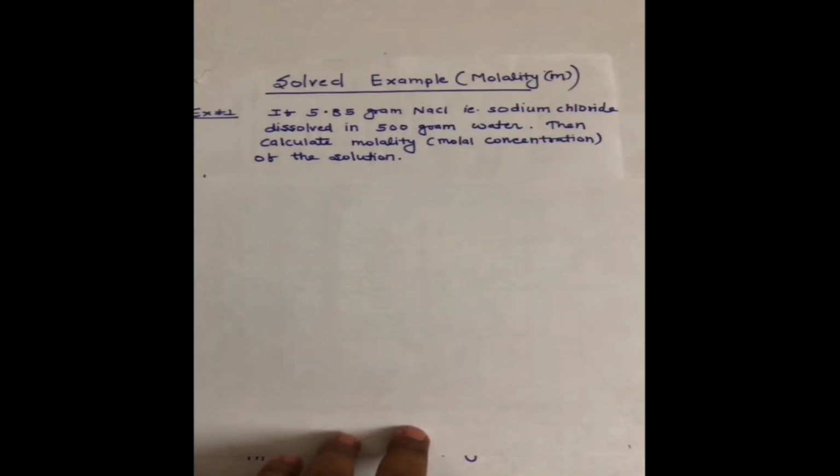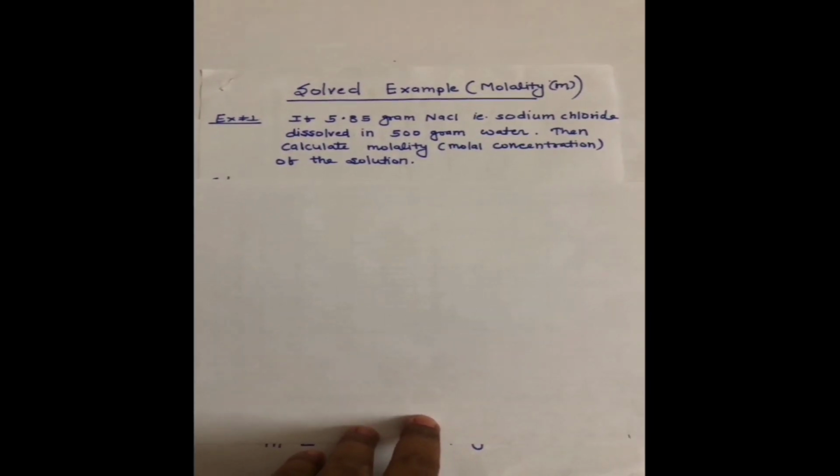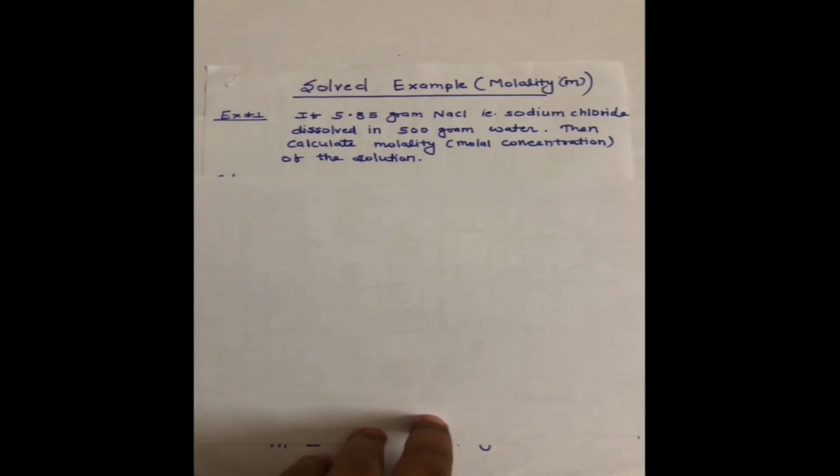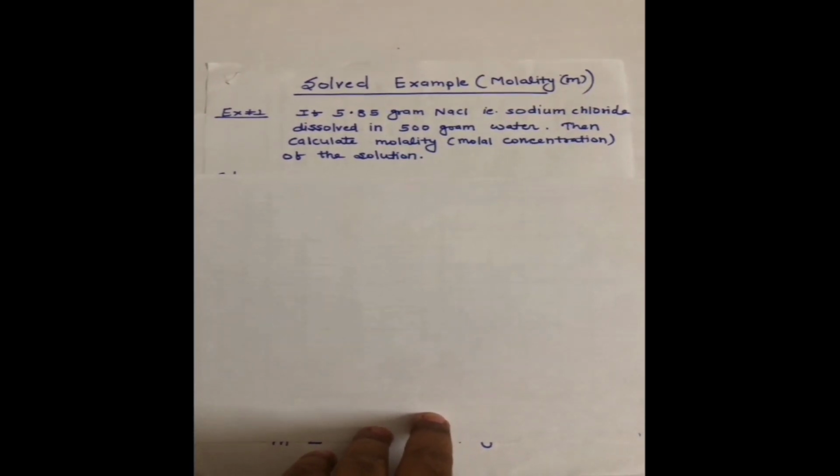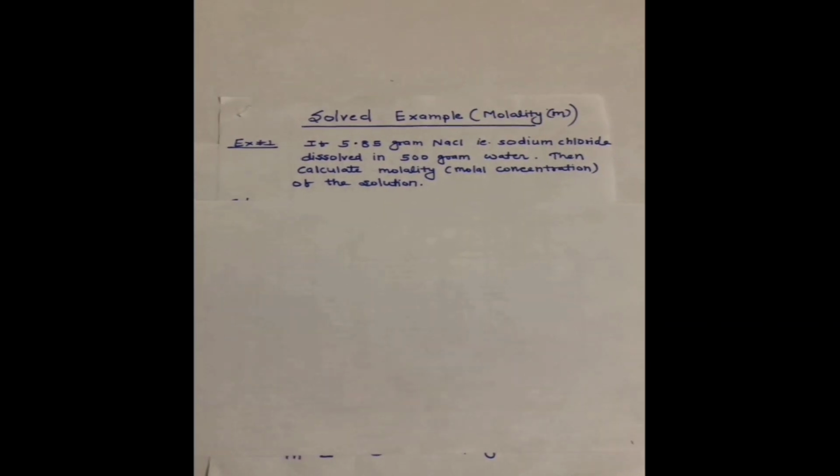So let's start. Suppose here is a question related to molality: if 5.85 gram NaCl, that is sodium chloride, is dissolved in 500 gram water, then calculate the molality, that is, the molal concentration of the solution.